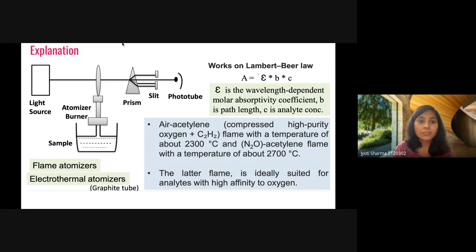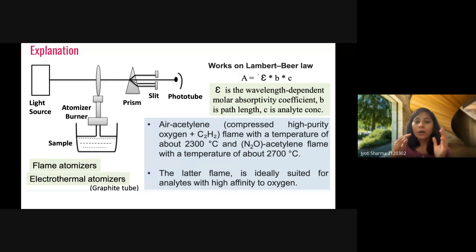Let me show you first what do you mean by AAS. So in AAS we will have first a light source, and then we do have the sample, and we have to burn that sample so that it can be atomized, it can give you the atoms. So we need some atomizer burner that will convert that sample into atoms. And whenever light goes through that sample, light will be absorbed, right?